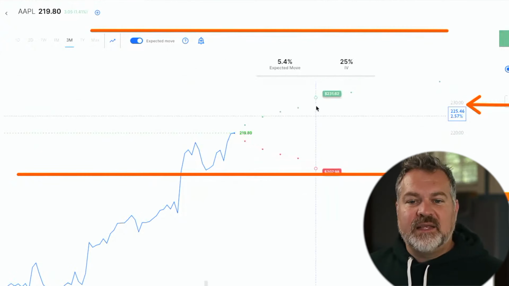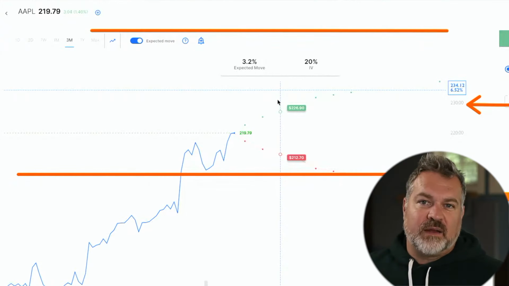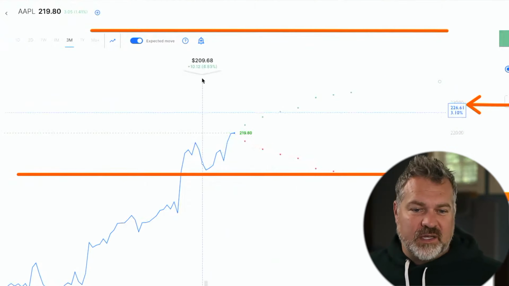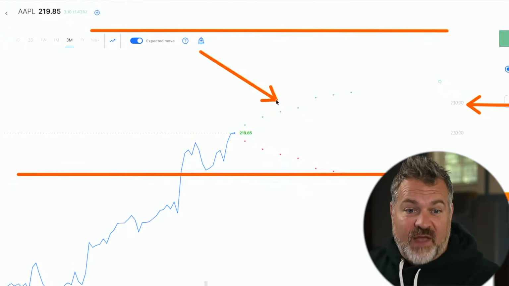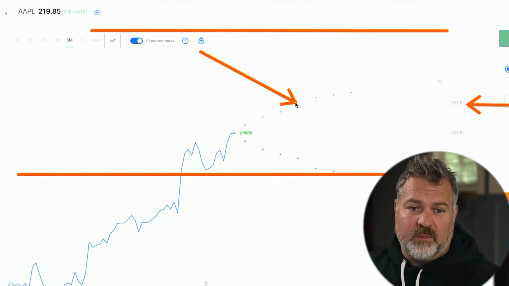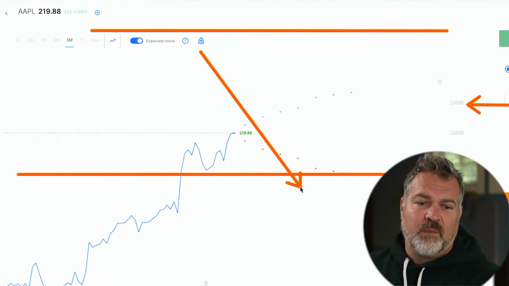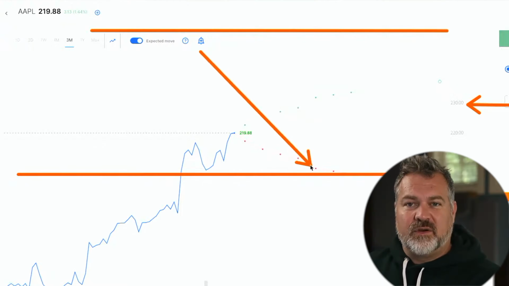I like these types of trades when I expect some sort of IV expansion. You'll notice in Options AI, one thing that I haven't mentioned is that there's a little bit of a blip here in the expansion of the projected cone price-wise. This means we're going to have earnings coming up.